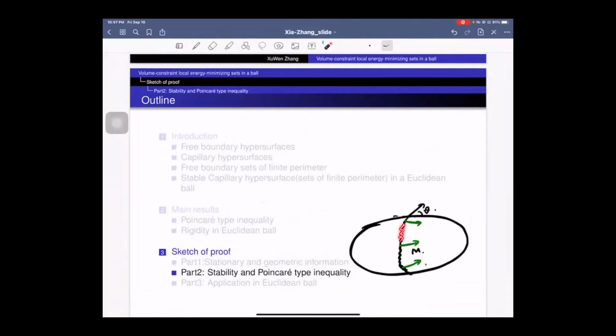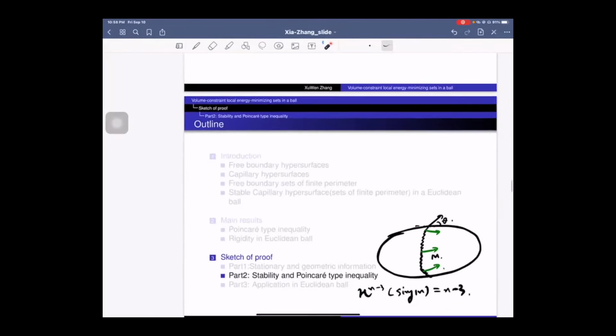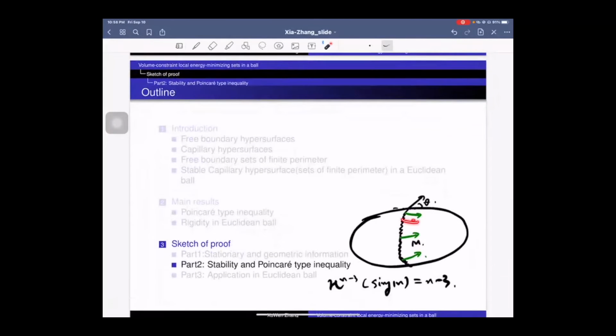And for those singularities, we will use the fact that the Hausdorff dimension of this singular set is at most n-3 to show that there exist some smooth cutoff functions near the singularities, and by these smooth cutoff functions, we can prove that for any smooth vector field we choose, this vector field has a very small contribution near the singular part of M, so that we can finally derive a Poincare type inequality because this singularity has a very small contribution.